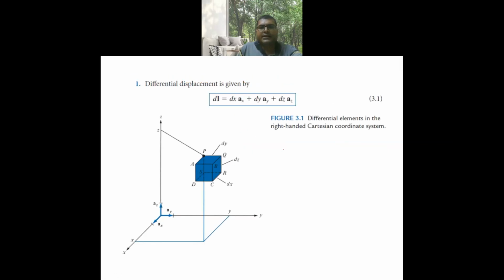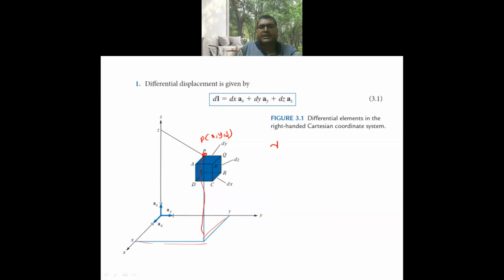The differential length vector in Cartesian coordinate system. In Cartesian coordinate system, a point P is represented by x, y and z. x is the distance along x-axis, y is the distance along y-axis and z is the distance along z-axis.